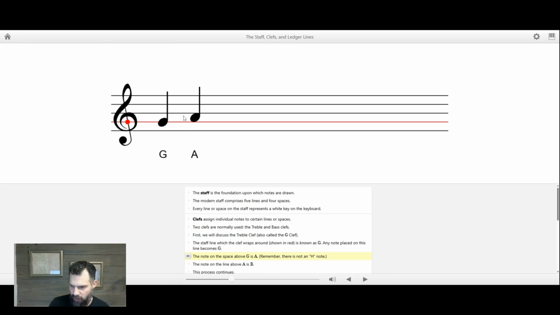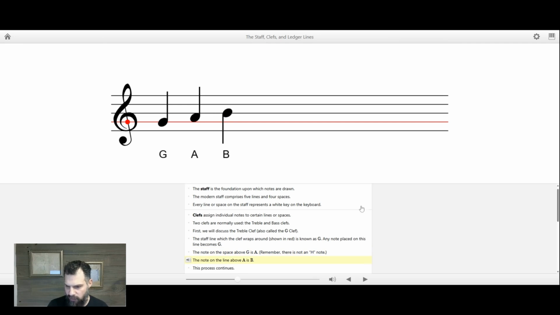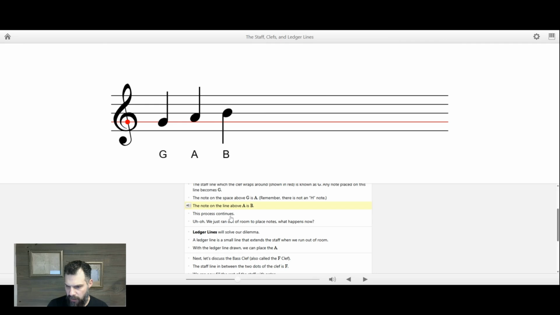The space then also represents a note, and that's going to be an A, because if you remember, the Western music alphabet only goes from A to G, A, B, C, D, E, F, G, and then it starts over again. So if we keep going up, the next line is going to be B. And then the process continues all the way up. G to G, A, B, C, D, E, F, G.